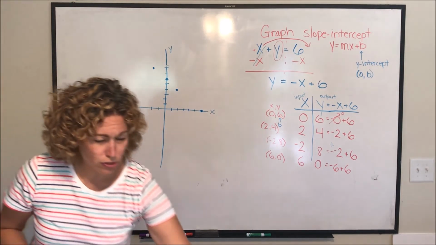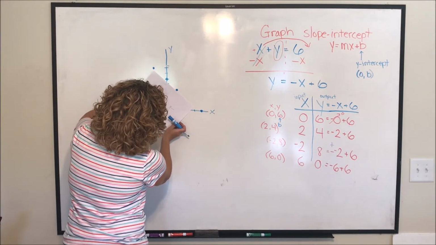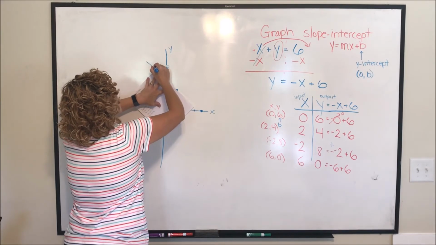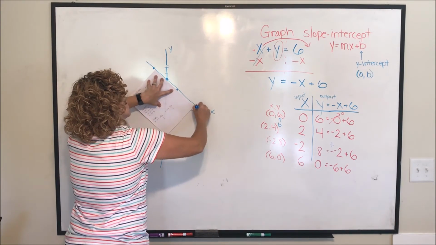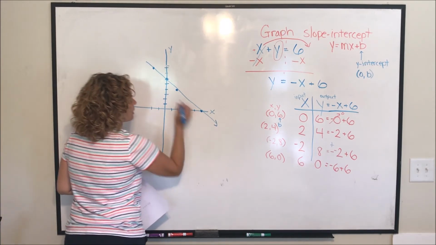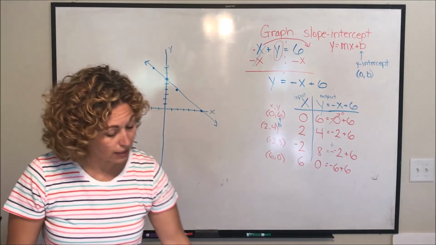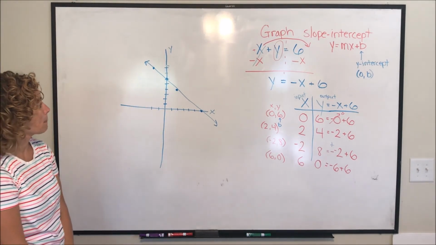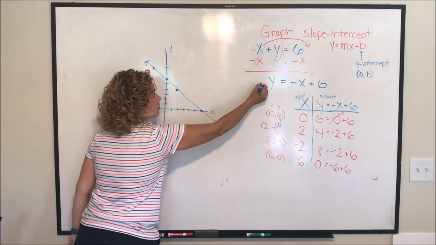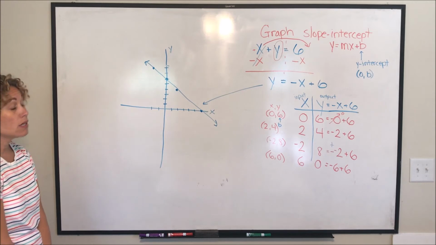Now, students saw earlier I'm not real good at drawing a straight line, so I'm going to somewhat line this up and do that. Okay, put an arrow on your line because it's a line and it goes on infinitely. It does not stop. Okay, and you have just graphed this equation, y equals -x plus 6.